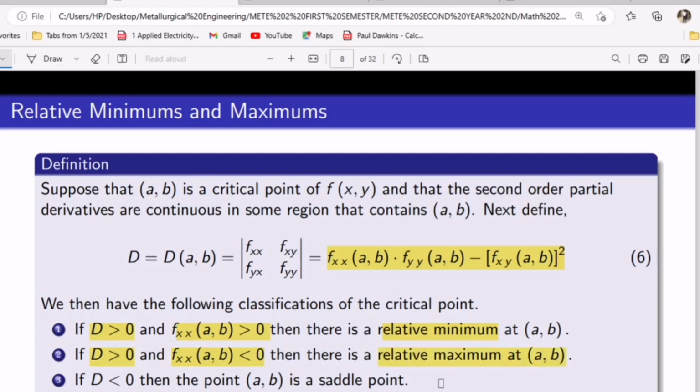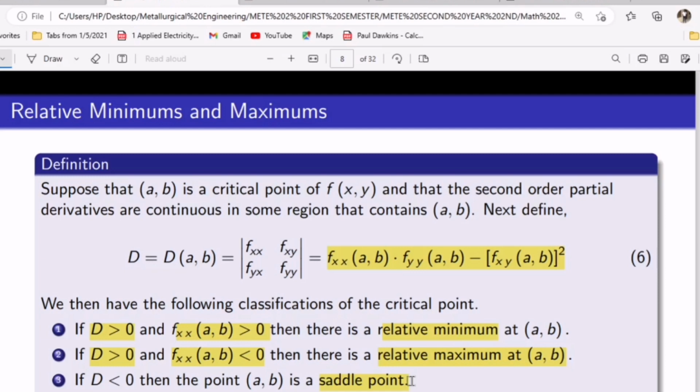But when you find D and D is less than 0, then it becomes a saddle point. And if D is equal to 0, then it can be a relative minimum, maximum, or saddle point. These are the main important things you should know when finding relative minimums and maximums, right?